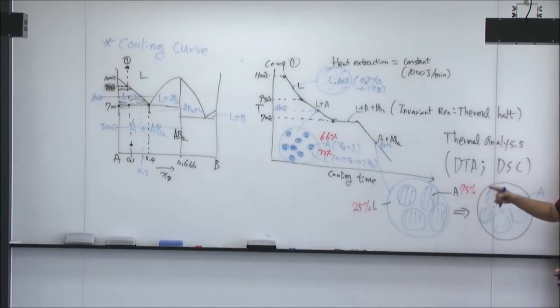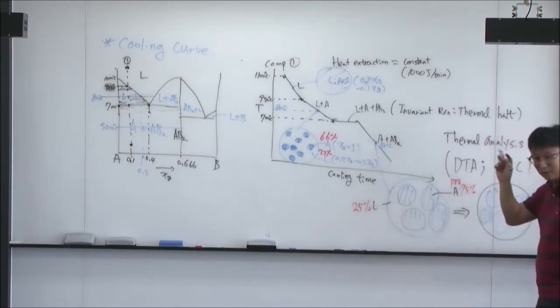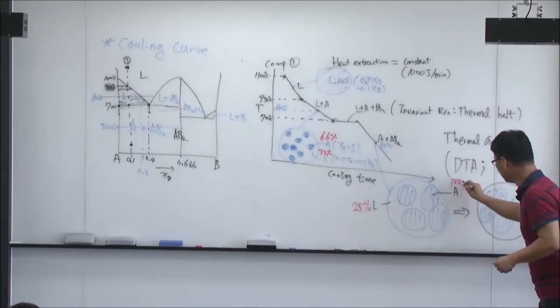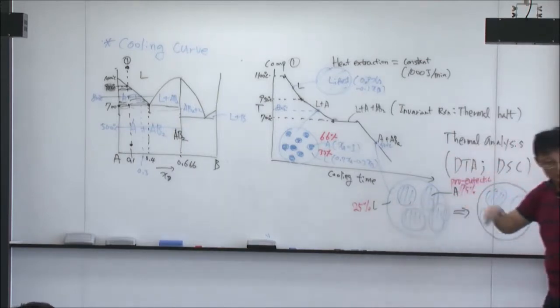And because this was happening just before the eutectic reaction, we call it pre-eutectic phase. Okay? Or the more scientific terminology, pro-eutectic phase. So just before the actual eutectic reaction, pro-eutectic phase A is 75%, and then liquid was 25%.